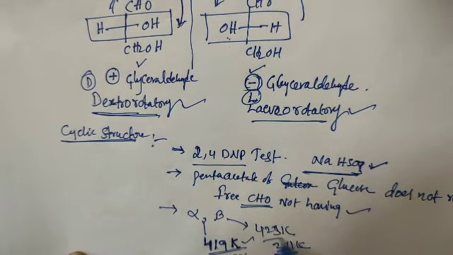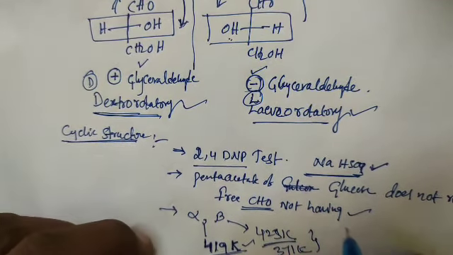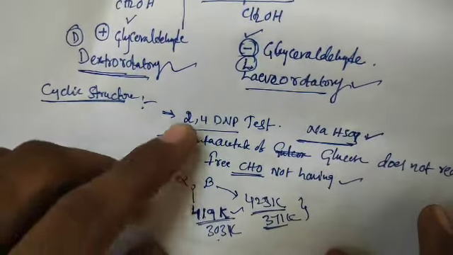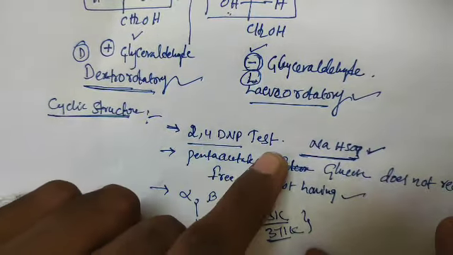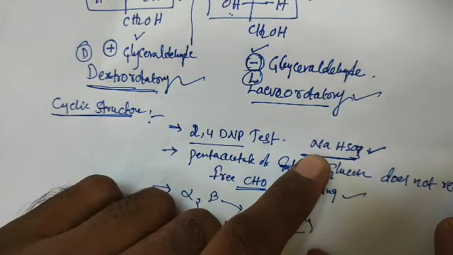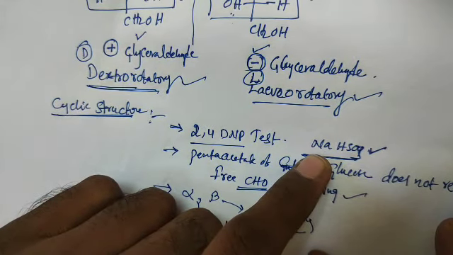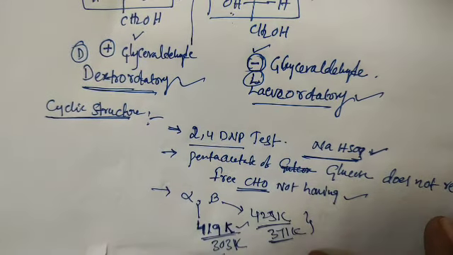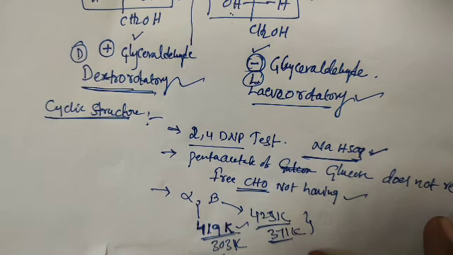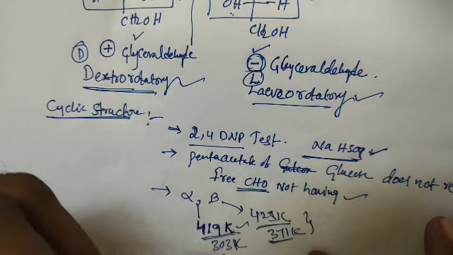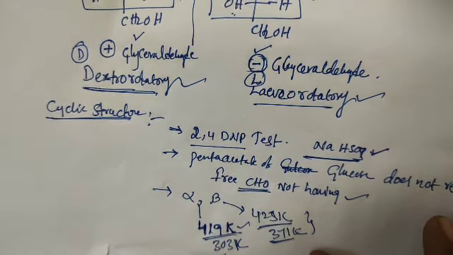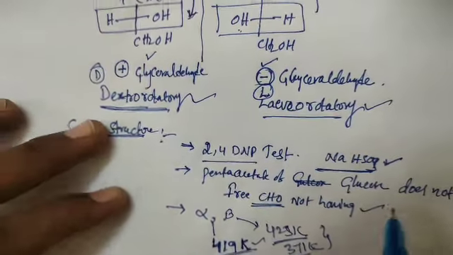So there is a difference. These are the alpha and beta D glucose drawbacks. The three drawbacks: it cannot react with 2,4-DNP or hydroxylamine, which indicates the absence of CHO, and Schiff's test is also not given, and it cannot form the hydrogen sulfite addition product with NaHSO3.